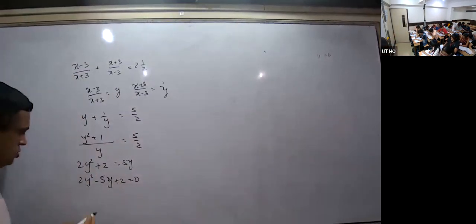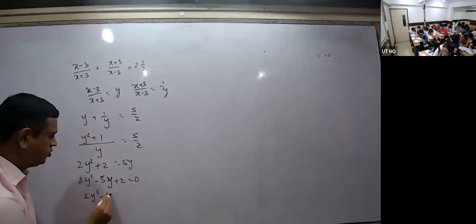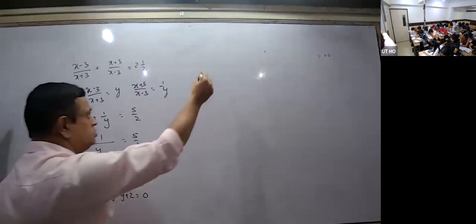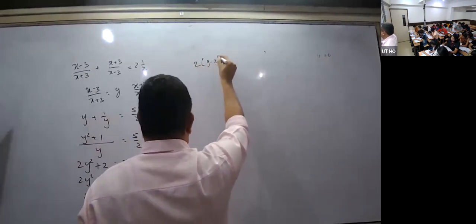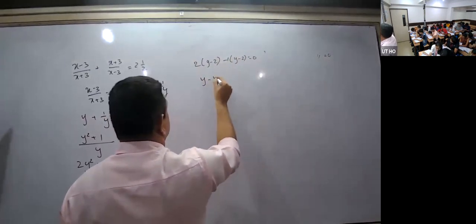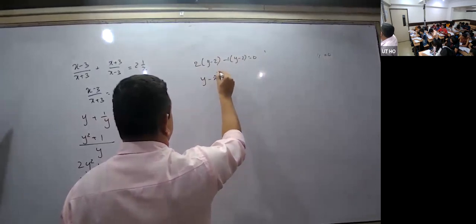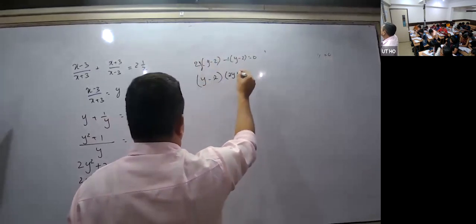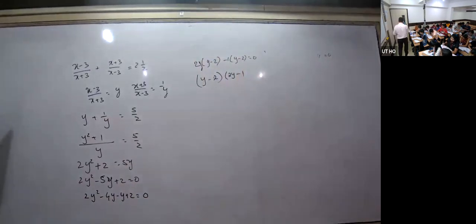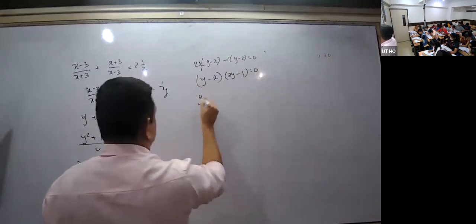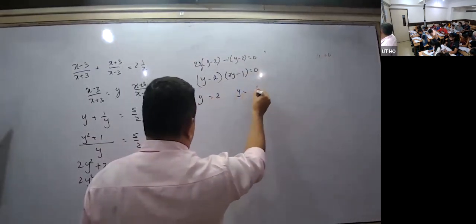Factorization done? Yes. 2y square minus 4y minus y. That is 2 times (y minus 2) minus 1 times (y minus 2). So it is coming as y is equal to 2 or y is equal to 1 by 2.